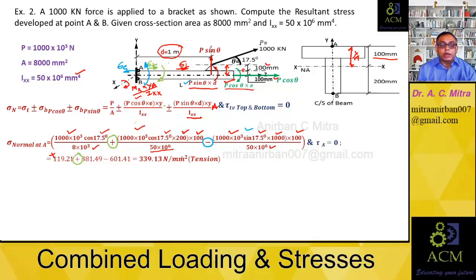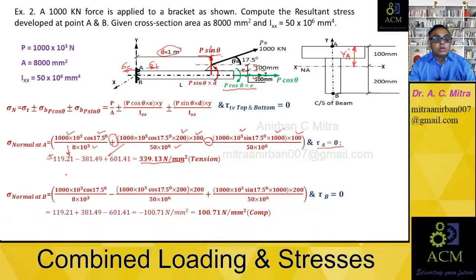That means we should consider it as a negative value. So if you calculate each and every term, this value is coming 119.21. Due to P cos theta into E, the value is coming plus 381.49. Due to P sin theta into D, the value is coming minus 601.41. And the final answer is coming positive 339.13 Newton per mm square. As it is positive, hence the nature of the stresses is tensile.